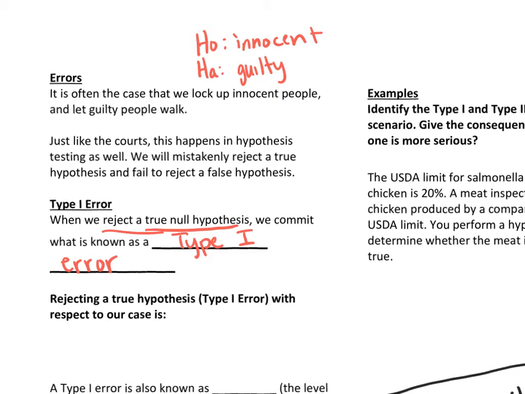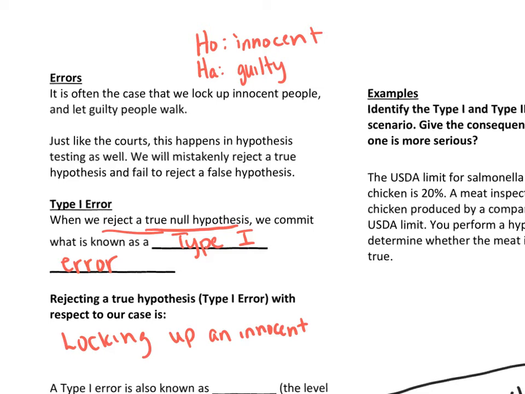But we know that you're innocent. You're really innocent. So I'm saying an innocent person is guilty, or what you're really doing is you're locking up an innocent person. That's what a type 1 error is.